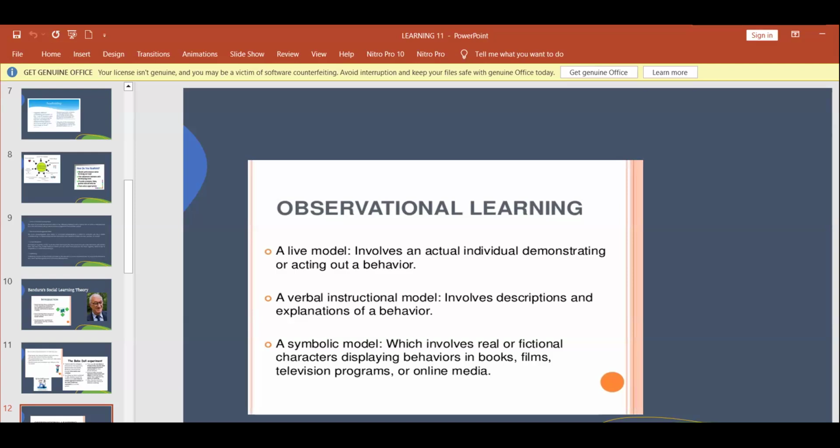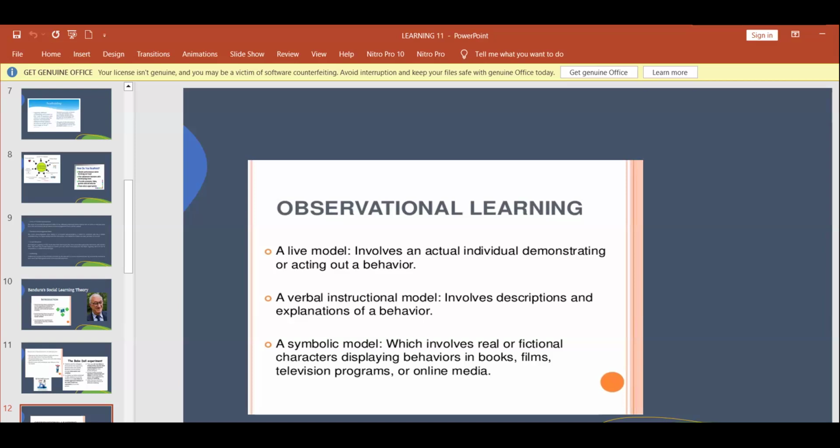If you take the verbal instructional model, this model involves descriptions and explanations of a behavior. Mother says, son, you don't have to waste food. Son, you have to work hard and study. They're all verbal instructions.